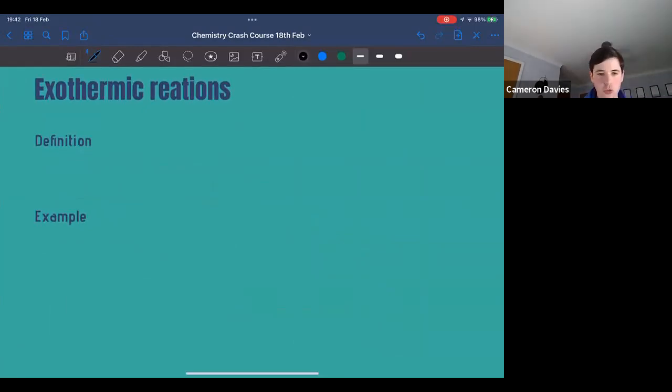So we just looked at absorbing heat energy from the surroundings. But now we're going to look at the opposite, which is an exothermic reaction. So it's a reaction where heat energy is released to the surroundings.